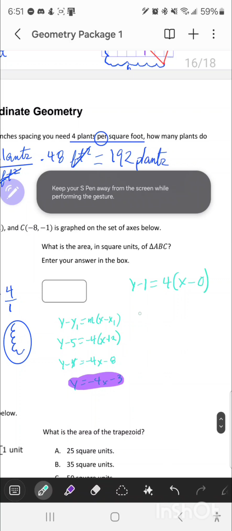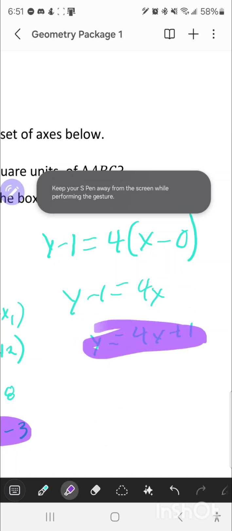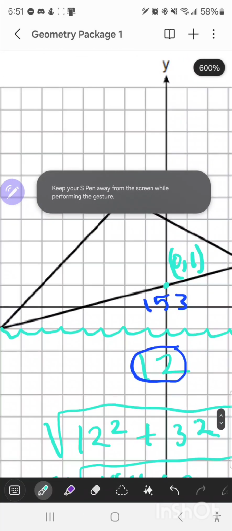So y minus 1 equals 4 times x minus 0, and 4 times 0 is 0. So I add 1 to both sides and I get that y equals 4x plus 1. That's my other equation.